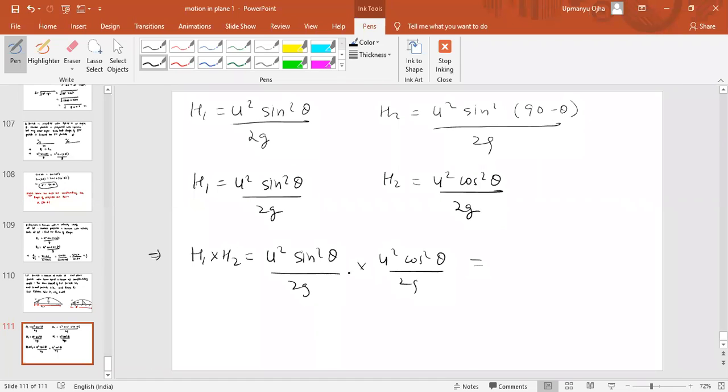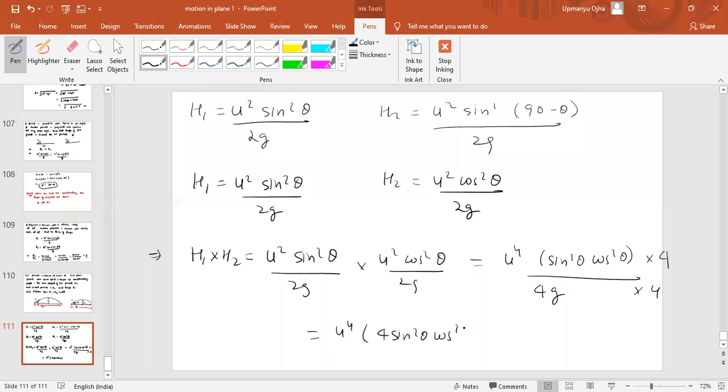If you further modify this, it becomes u power 4 sine square theta cos square theta by 4g square. Multiply and divide by 4, so we get u power 4 times 4 sine square theta cos square theta by 16g square.